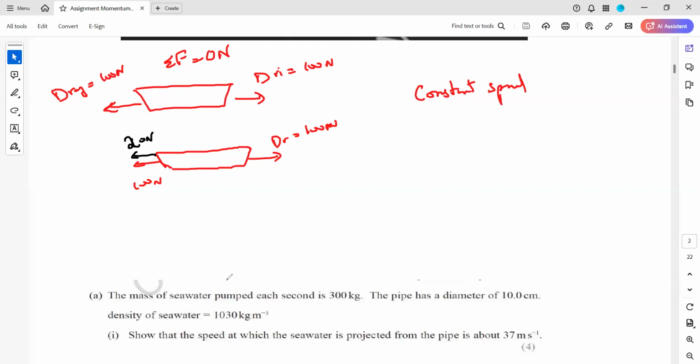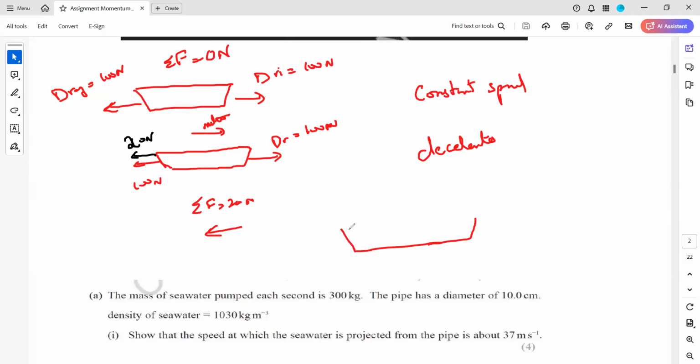So now there is a resultant force of 20 Newton opposite to the direction of the motion, because initially the boat is moving towards the right. What will it cause? It will cause deceleration. Slow down.